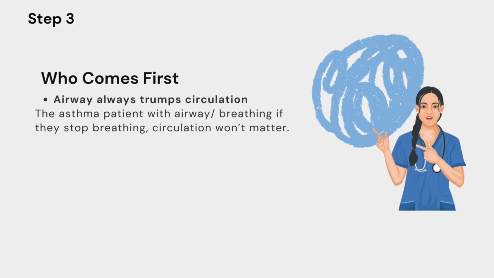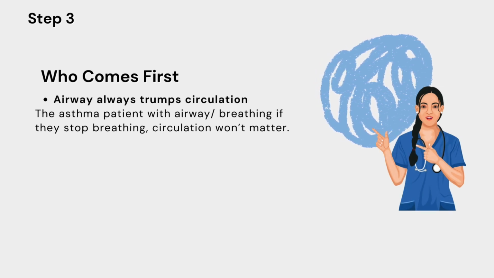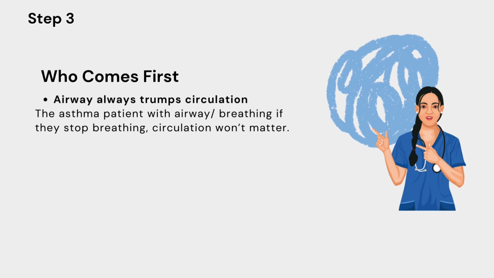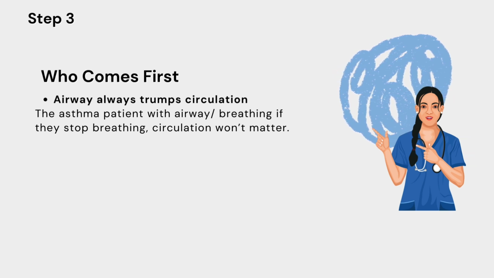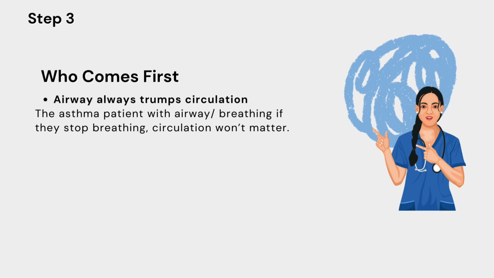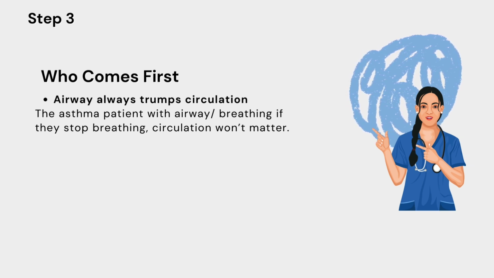So let's go to step 3. Step 3 is where you decide who you will see first. Having done your assessments and having used the framework of prioritization, airway always triumphs over circulation.